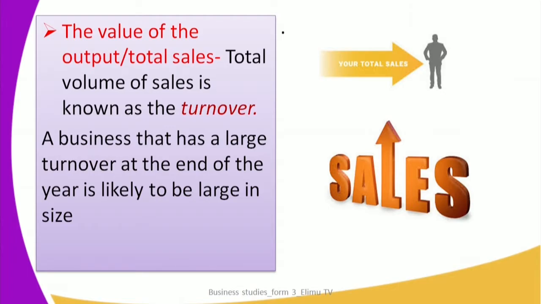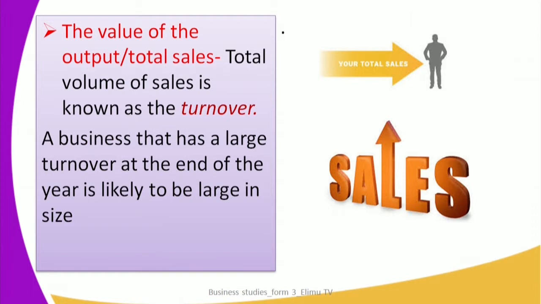So, a business that has a large turnover or that has a large total volume of sales is said to be a large firm, while the one that has a little turnover is said to be small in size or a small firm. So a firm that has a large turnover is a large firm. Another one that has just a small turnover is said to be a small firm.